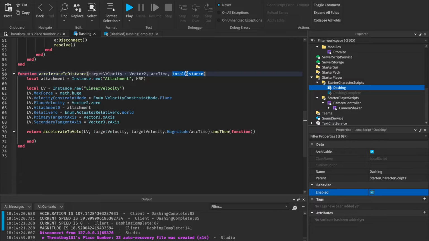And whatever that distance is, we have to figure out what amount of deceleration will cause us to decelerate from our target velocity to 0 and cover a specific distance while doing that.